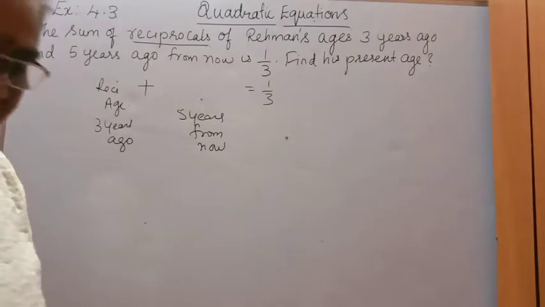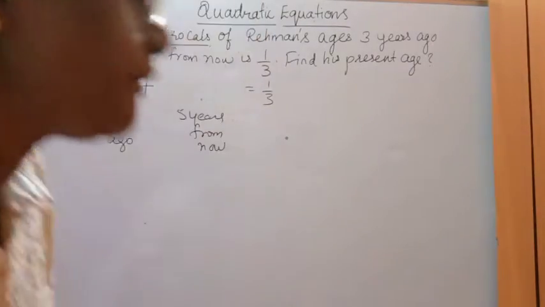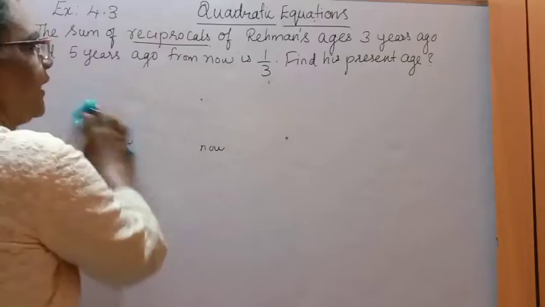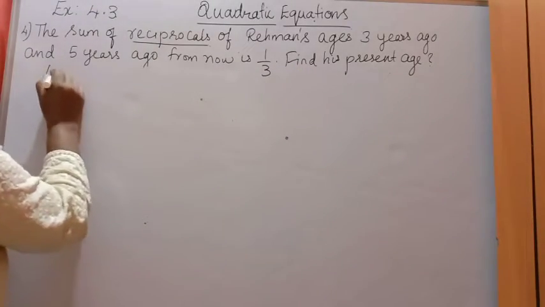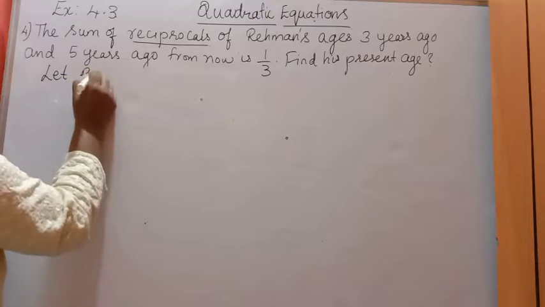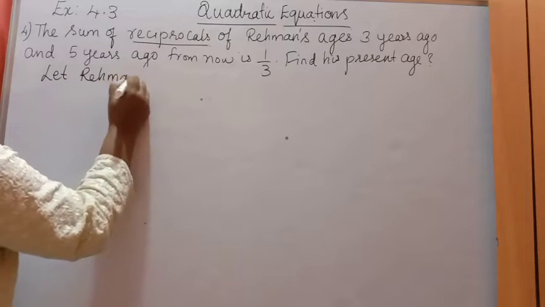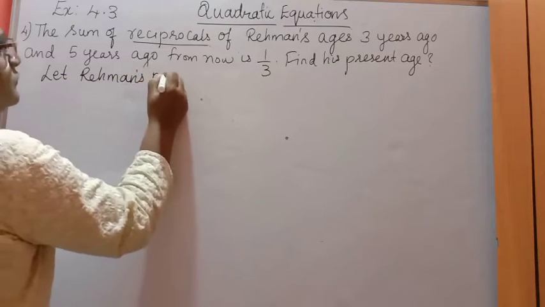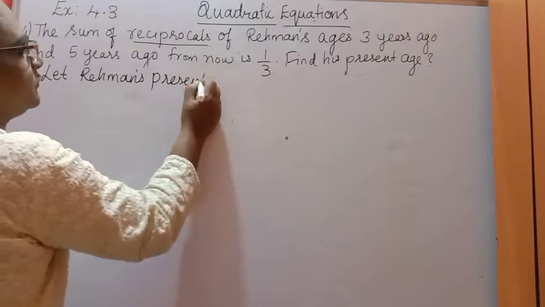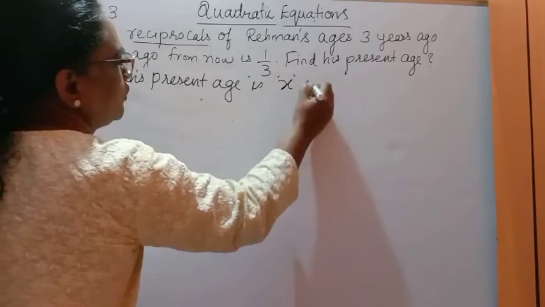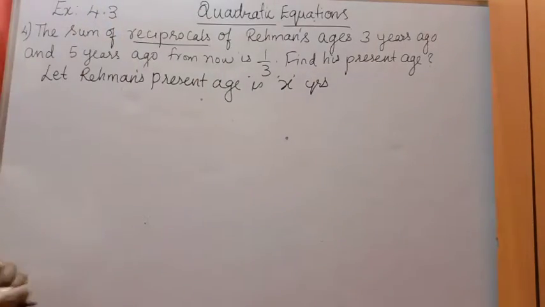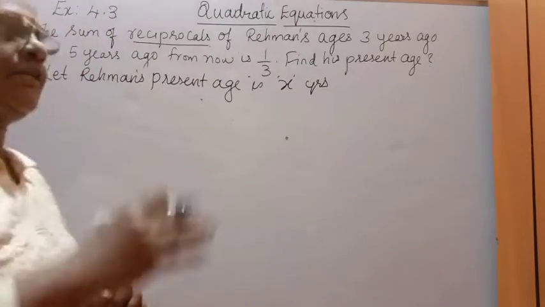So we don't know Rahman's present age. Let us call the present age of Rahman x. Let Rahman's present age be x years.